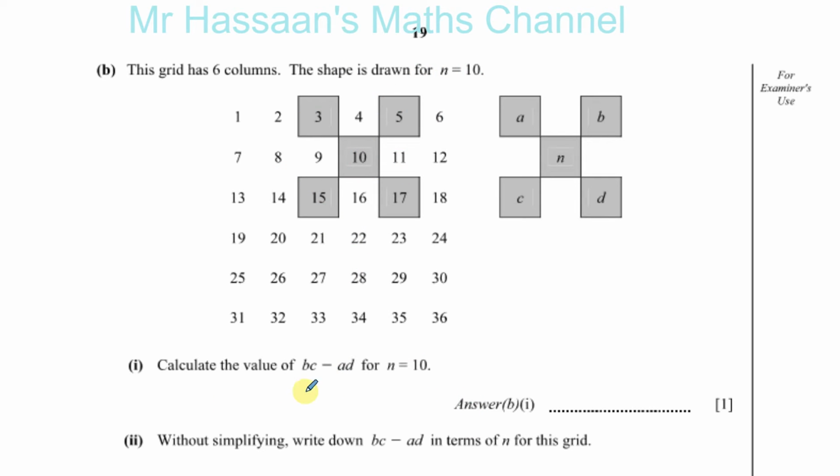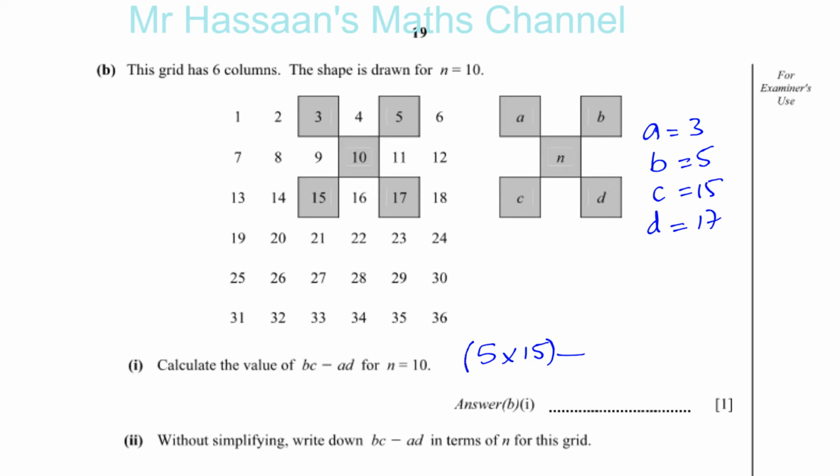So you've got BC, so it's 5 times 15. We could write down here A is equal to 3, B is equal to 5, C is equal to 15, and D is equal to 17. Just taking them from these places here. So B times C, 5 times 15, minus A times D, 3 times 17.